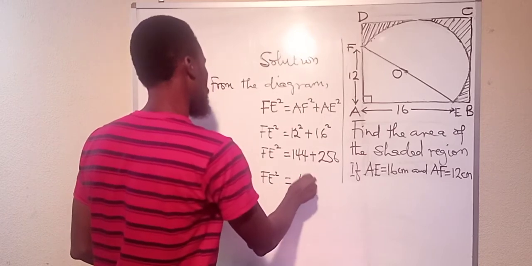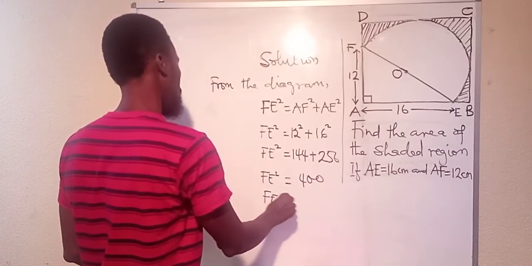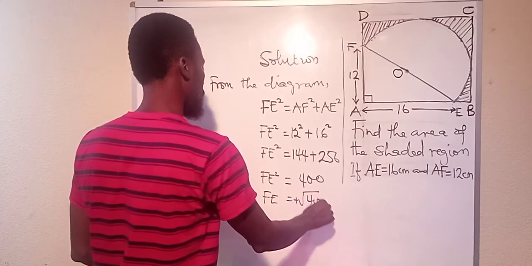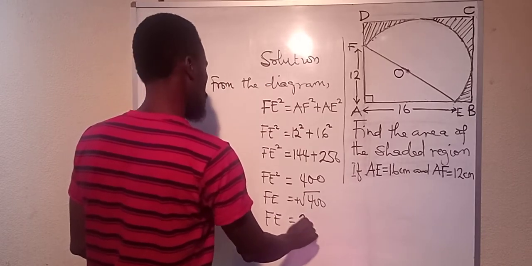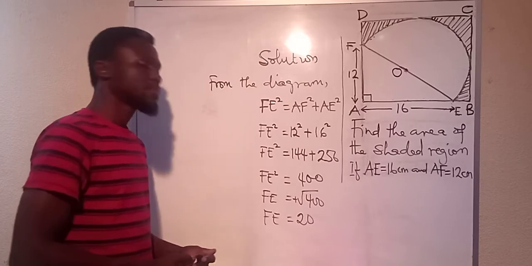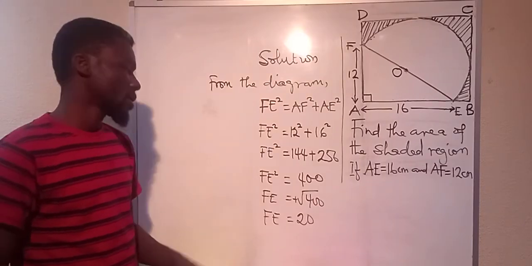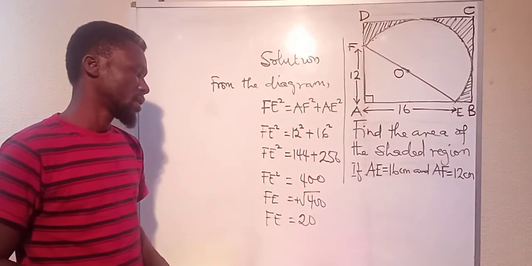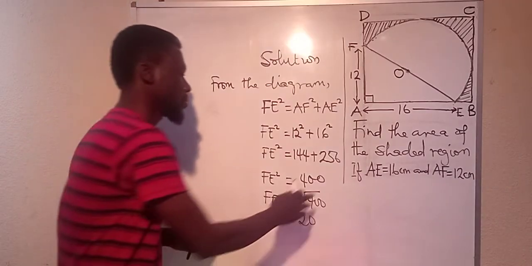So we have FE equal to plus or minus the square root of 400, and so our FE is equal to 20. Now, it's positive or negative 20, but we can't have the hypotenuse of a triangle be a negative figure. So we discard the negative figure and take the positive figure, 20.